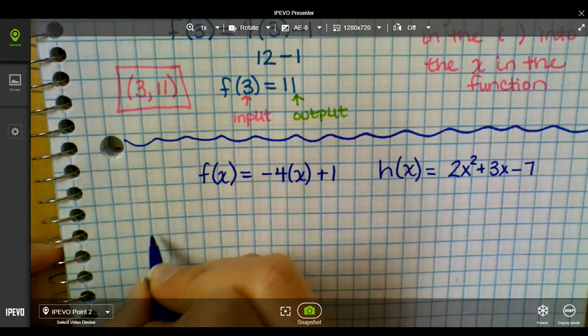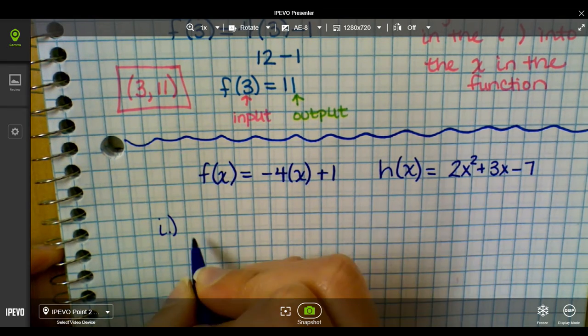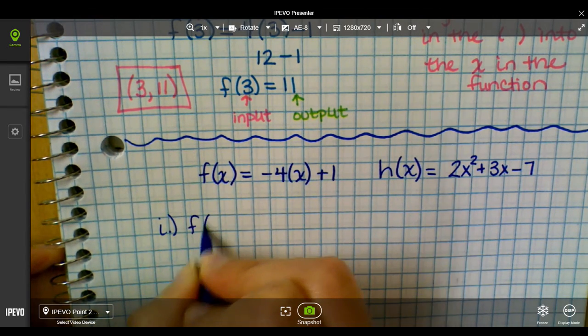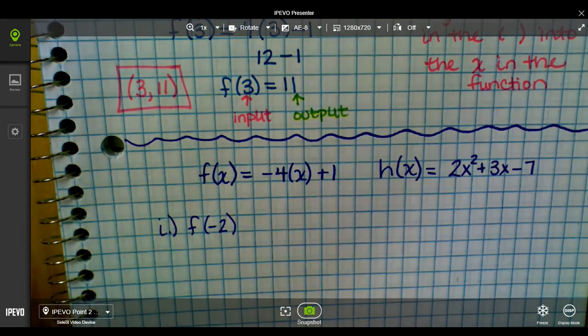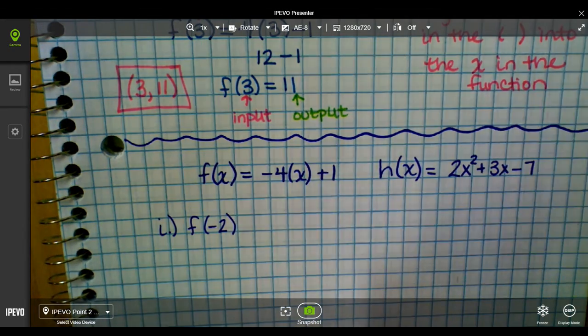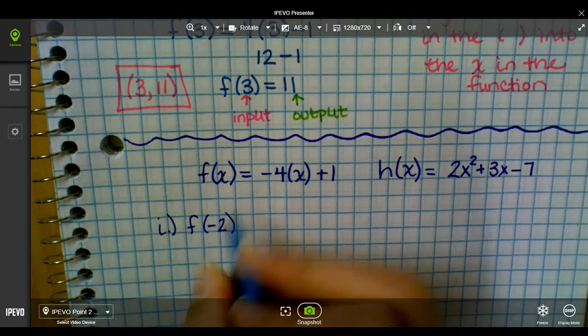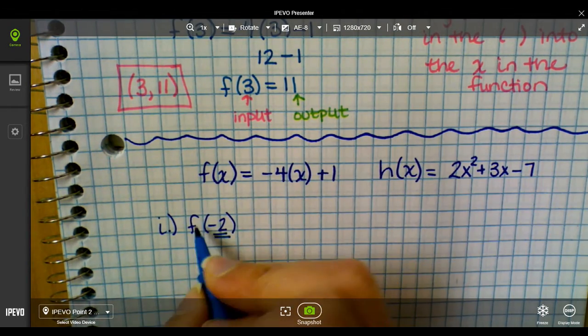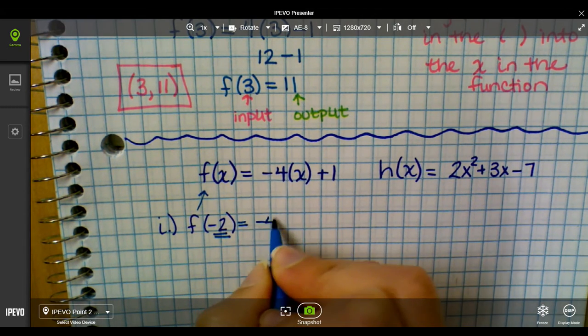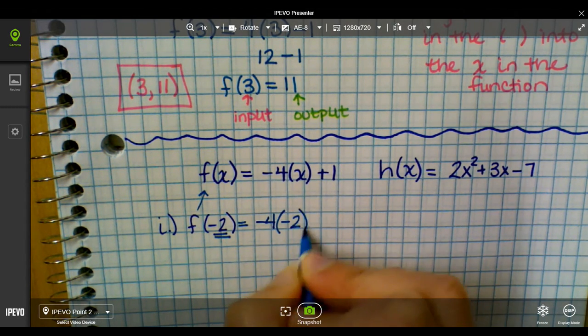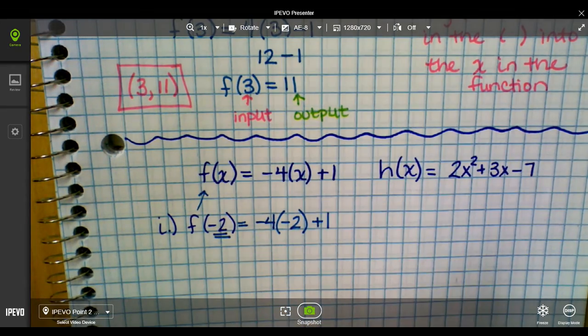So let me give you a couple different examples. I want you to solve for f of -2 and tell me what that equals, okay? I know that this is telling me to plug in -2 for x into the f function. So I have -4, I'm plugging in -2 for x, and then I'm adding 1.